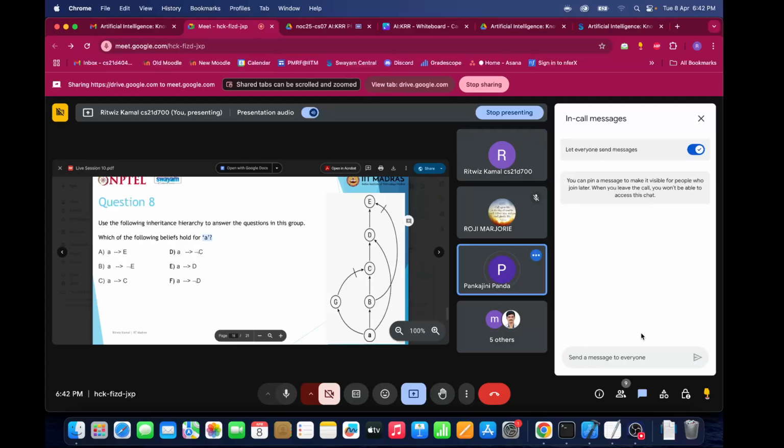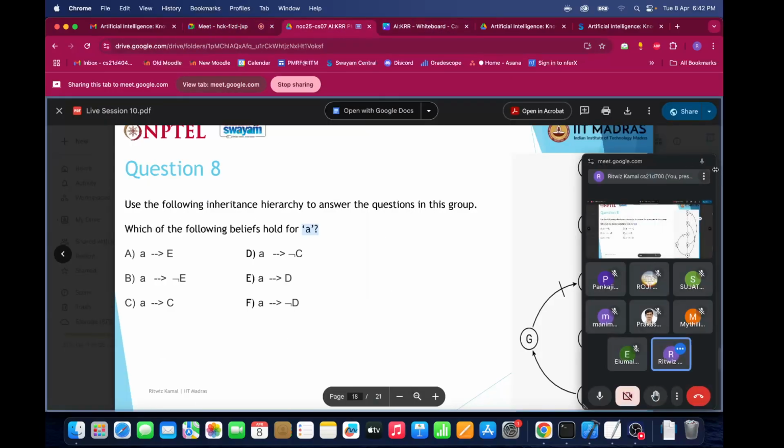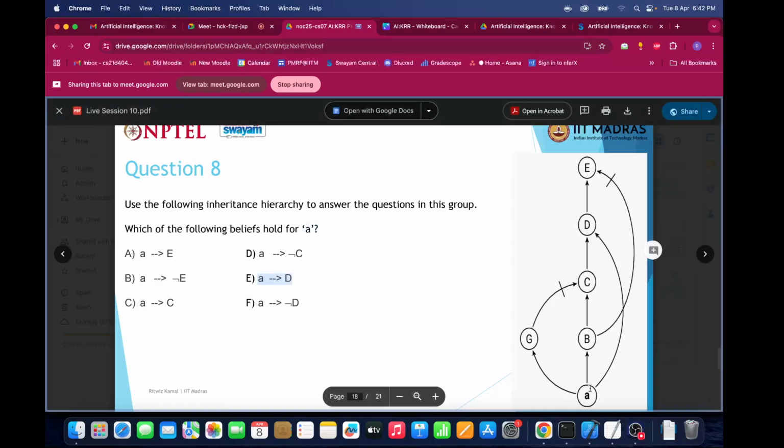Option E. So option E is actually correct, right? Because we can follow this particular path. Option E says that A is a D, and we can follow this path, right?